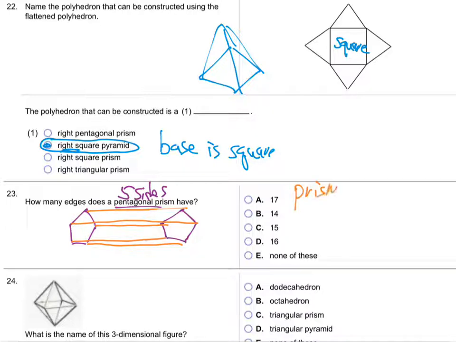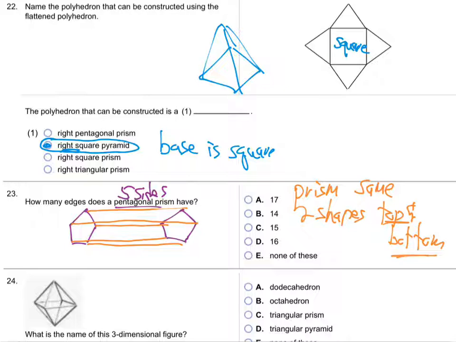A prism has the same two shapes, top and bottom, or right and left, whatever, same thing. So see how it has a pentagon? This is a pentagon, and that's a pentagon, and then they're connected by straight sides like that. That's a pentagonal prism.